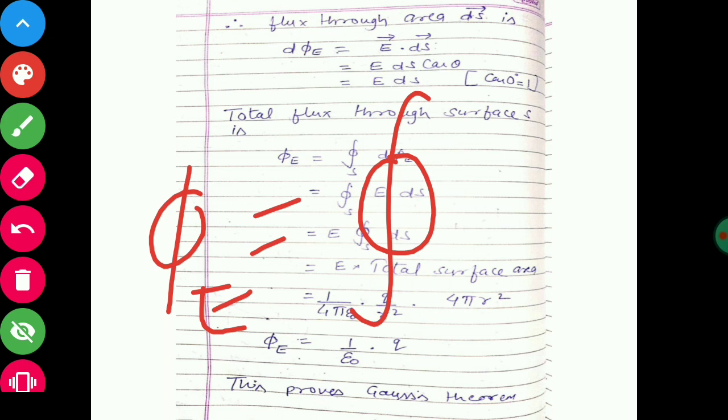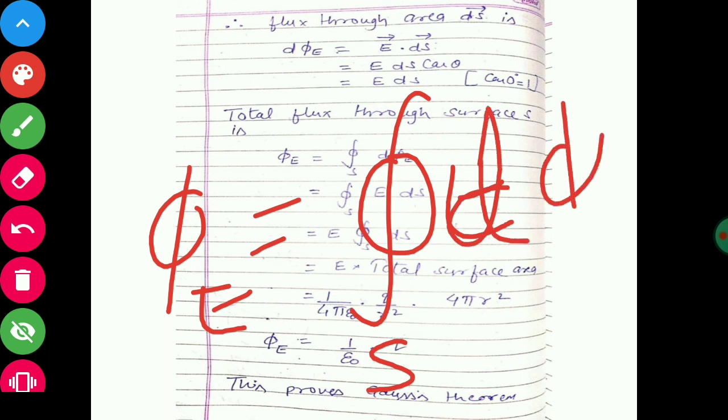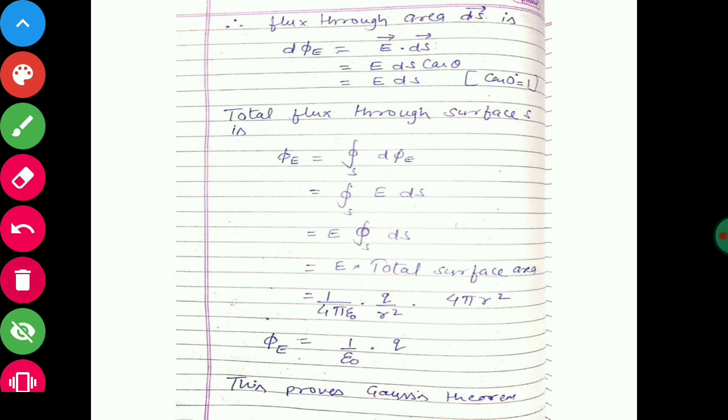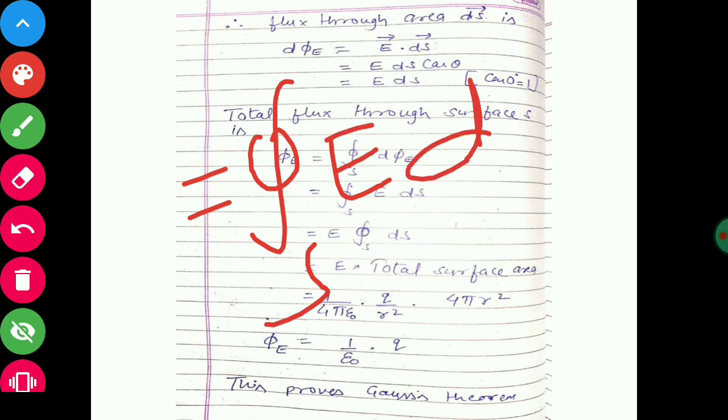See, this is a closed surface, and we are integrating a surface integral. The total flux is the surface integral of the small electric flux d phi E. Now put the value of the small electric flux in that, it is E ds.